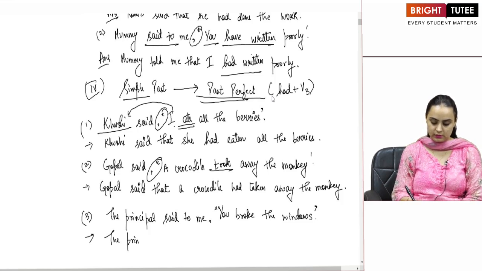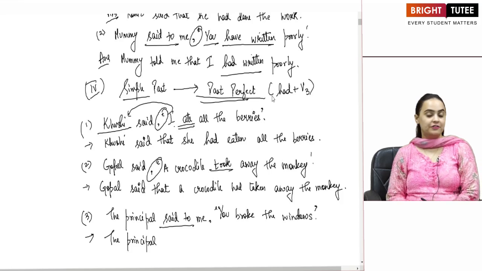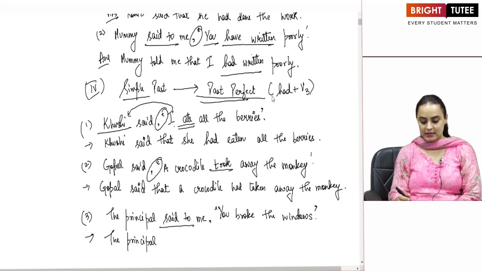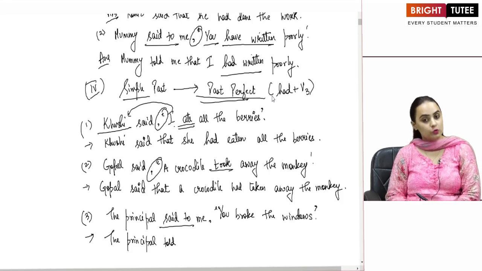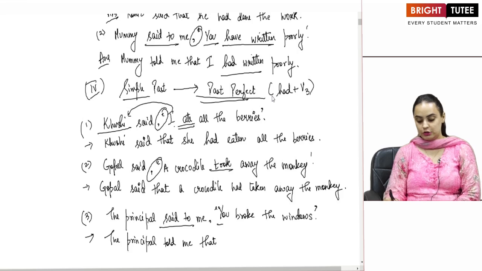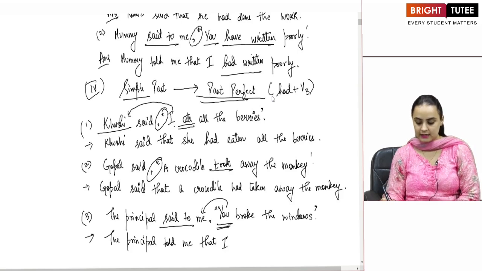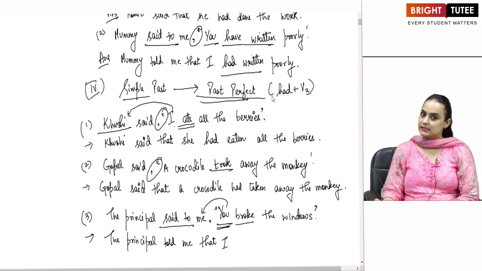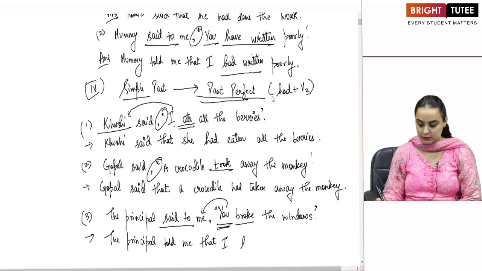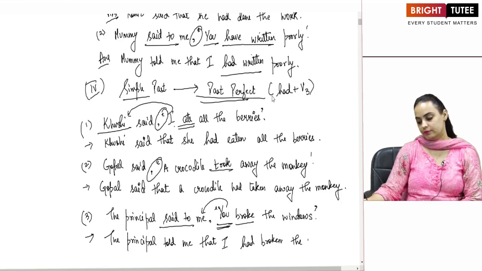The principal said to. Now we have a listener in the sentence, me. So said to changes to told me that you. Who is this you? Used for me. So told me that I broke is simple past. It changes to past perfect. Had broken the window.